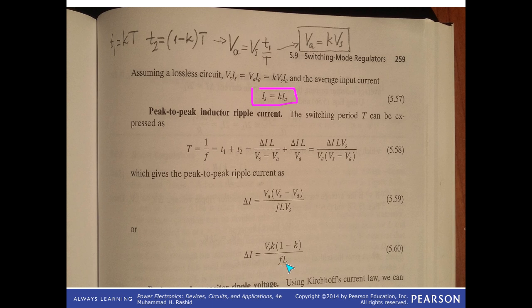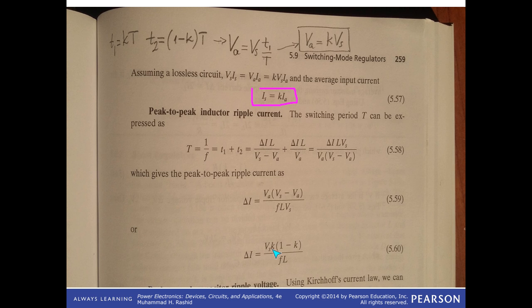You cannot play with K, since K actually defines your output voltage. Your desired voltage defines it, so you cannot change it. For example, if you have a 24 volt battery, and if you need 12 volt, then K is going to be 0.5. So you are going to reduce it by half.